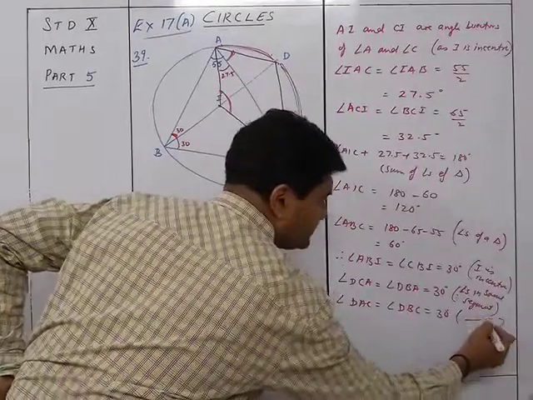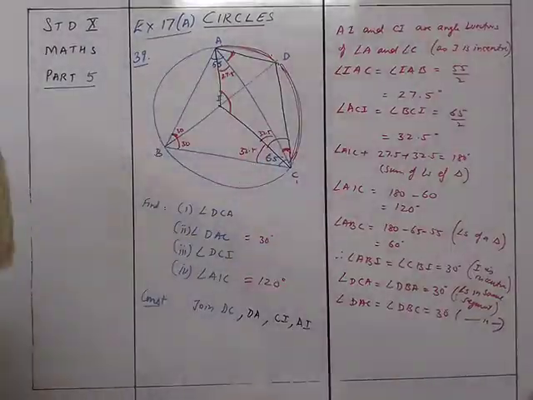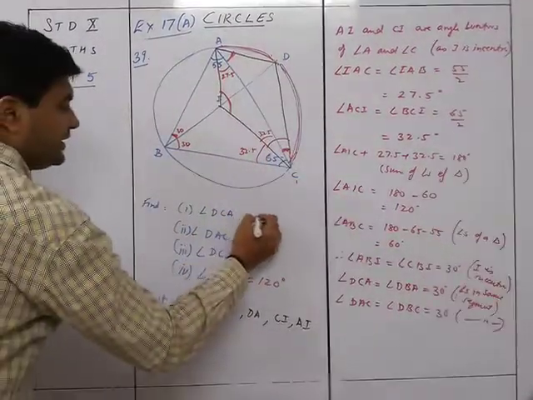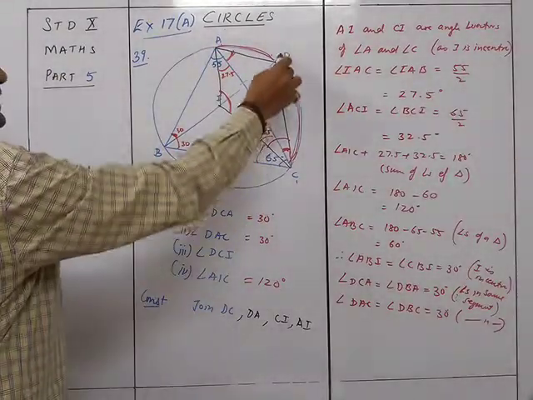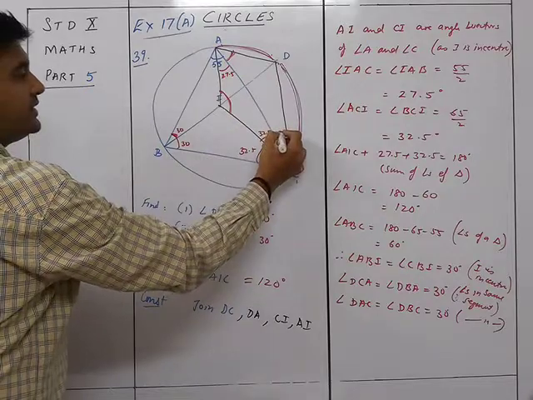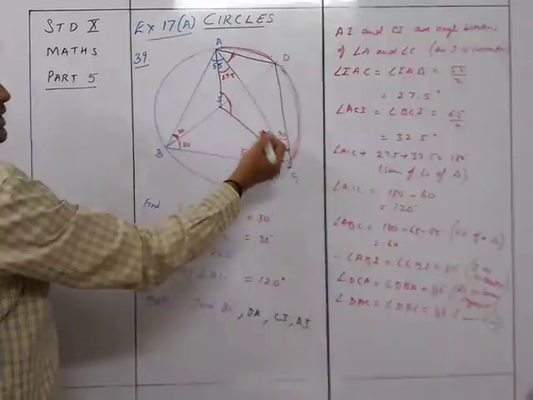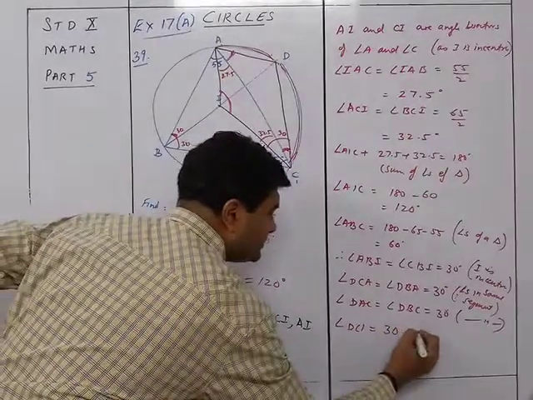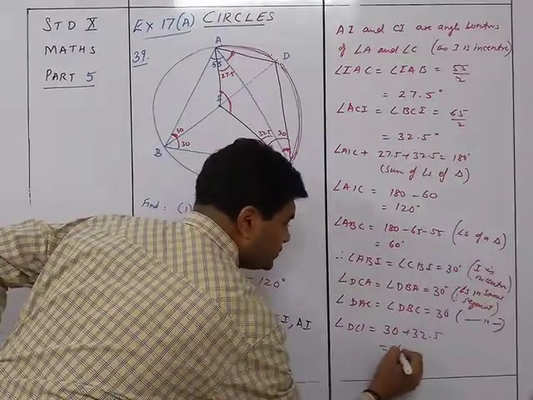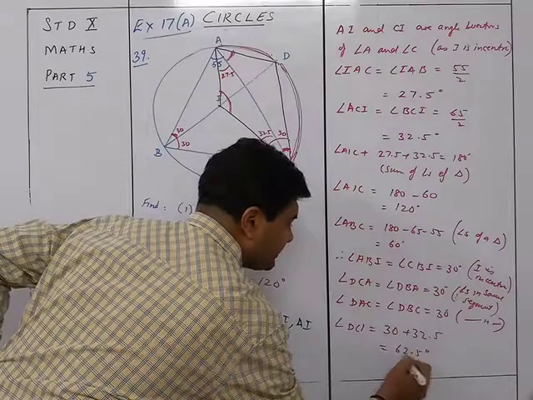Same reason. So this is 30 degrees. Now comes DCI. So now I know that this is 30. So DCI will be 30 plus 32.5. So angle DCI is equal to 30 plus 32.5 is equal to 62.5 degrees.